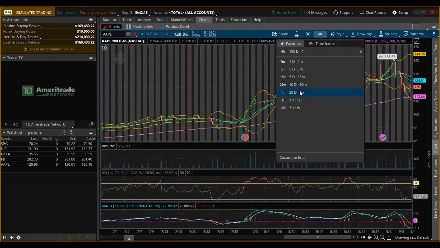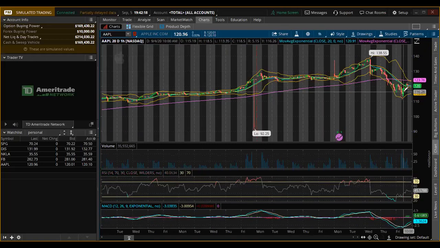So do I think Apple's going to keep falling? If it falls Monday, I think it'll probably fall back to this range. Do I think it's going to go even further? It's possible, but I don't think so. I think it's going to stay around this range, 120 and 110 for a few more days. And then it'll start its trajectory back up to eventually 200.